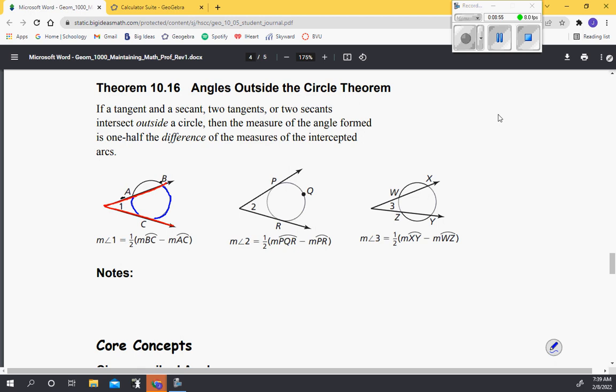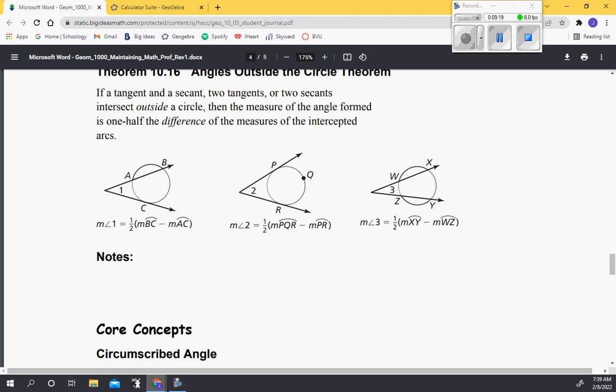So if this is, let's say, 100, and this is 30, just as an example, we would take 100, subtract 30, and divide by 2. We would get 35. We're going to come back to this page later when we're dealing with some practice problems so we can make sure we're getting these right.